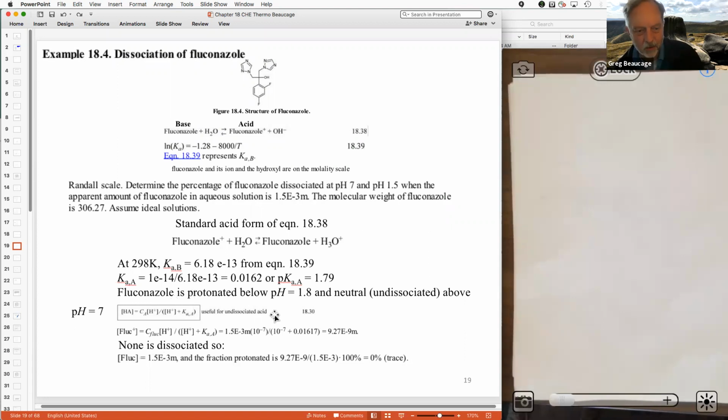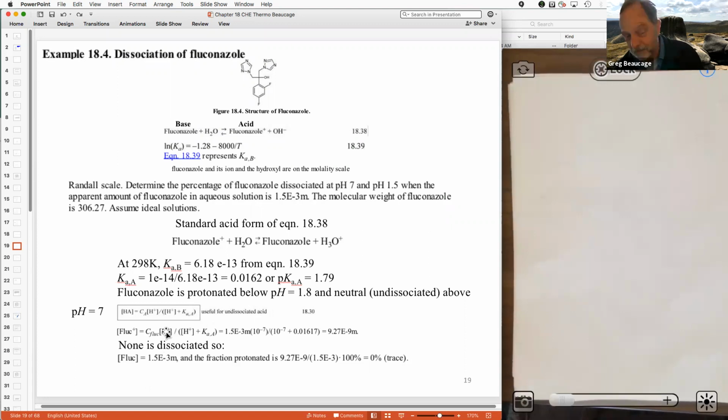But anyway, if you have that Ka, then from these equations you can determine the concentration of the undissociated and the concentration of the dissociated at different pHs. You just plug in the pH.